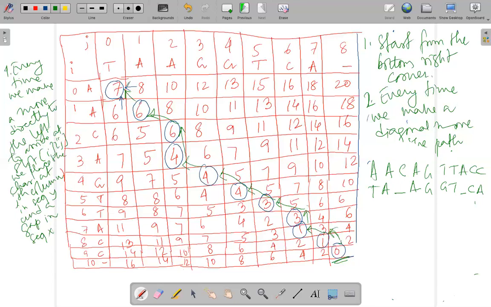We have introduced one gap here and another gap here. These are the two corresponding gaps. In this way, using a dynamic programming approach, you can easily solve a sequence alignment problem.